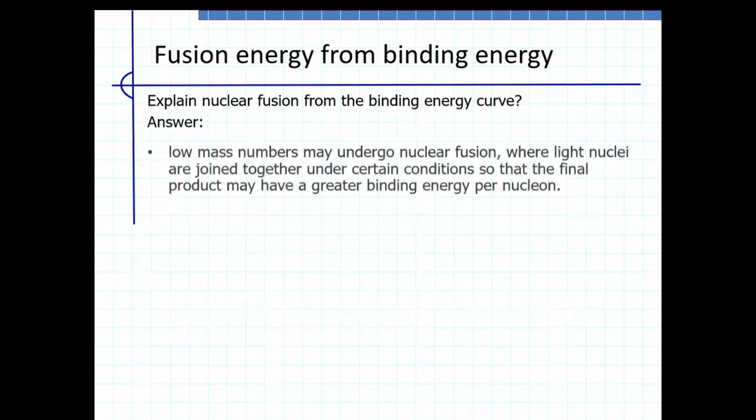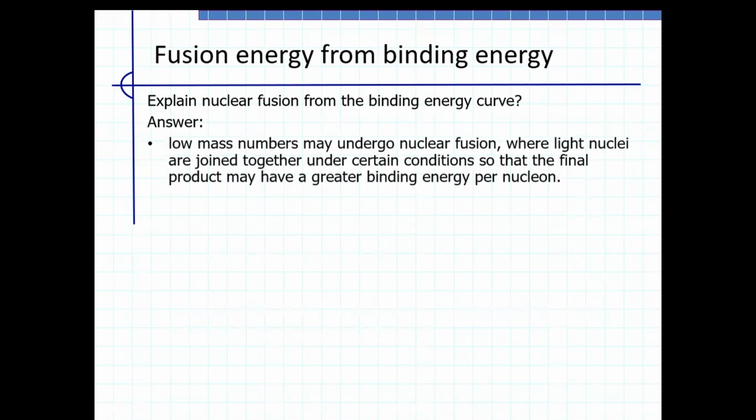So the answer is that low mass numbers can go through nuclear fusion, where the light nuclei are joined together under certain conditions, so that the final product has a greater binding energy as compared to the individual participants in the fusion.